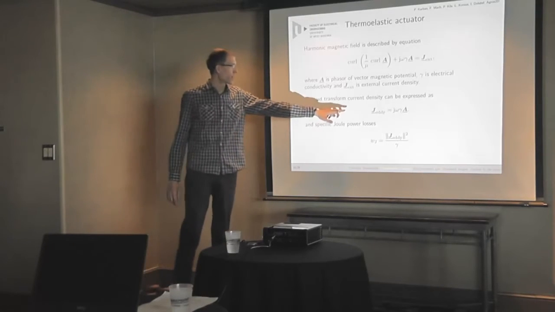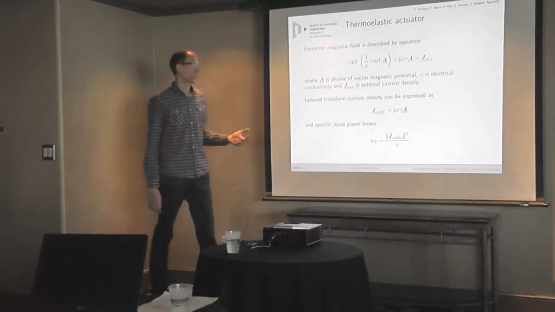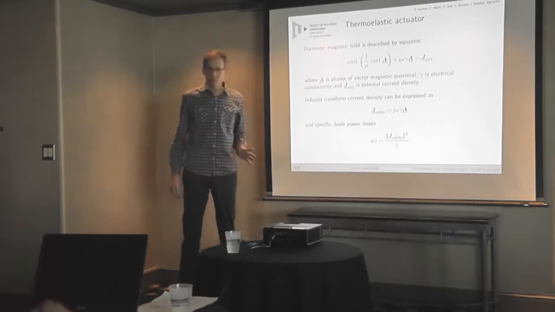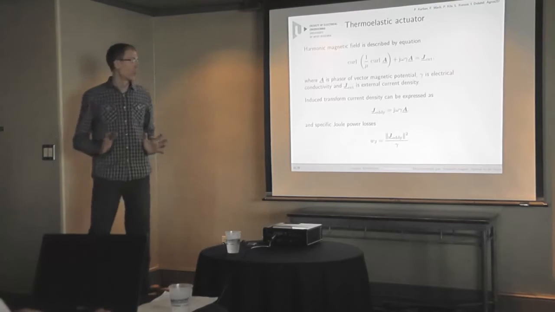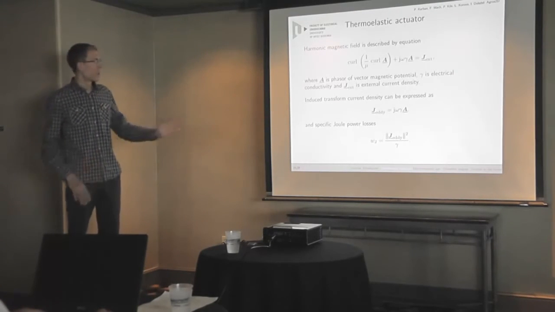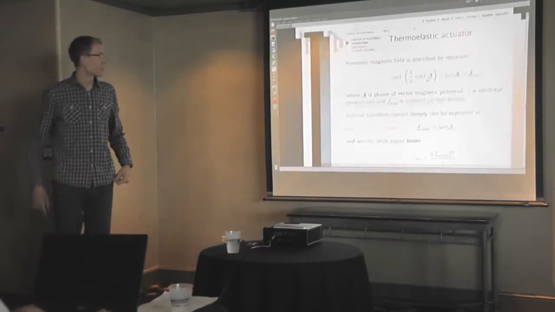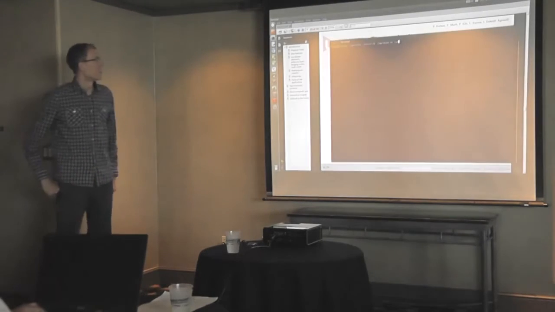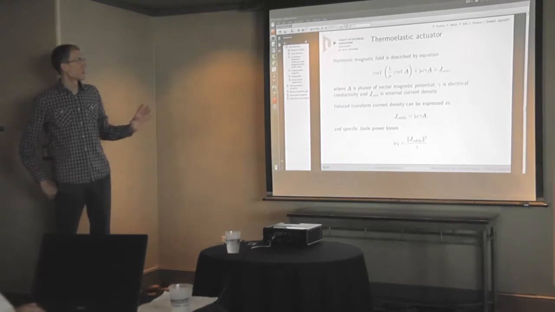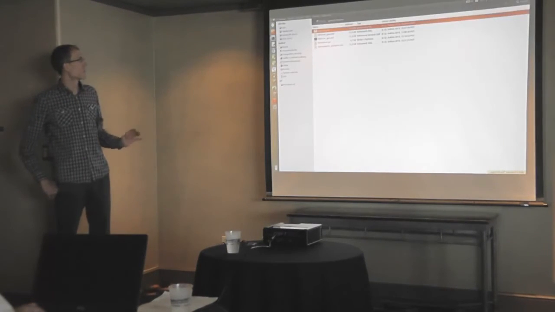Here are the eddy currents, which are produced in the armature, and Joule losses, which will be after that used as a source of the heat calculation. Okay, so let us first start from scratch and define the geometry and magnetic field.